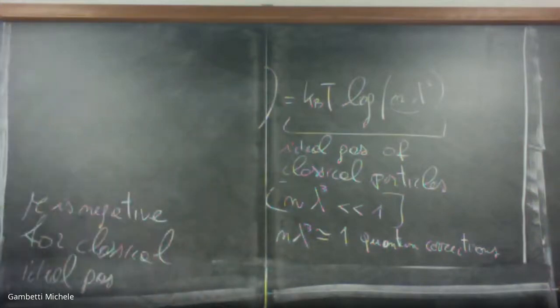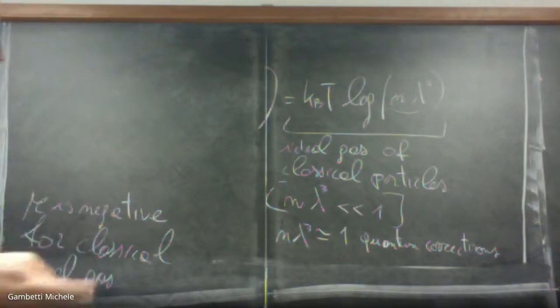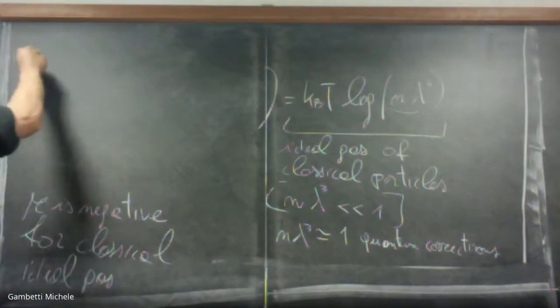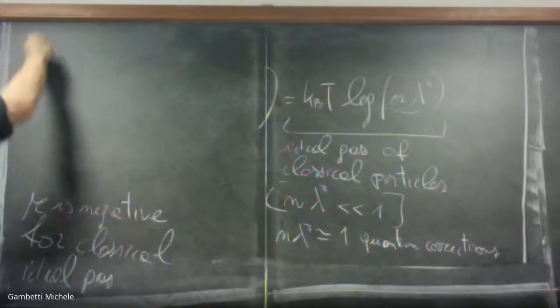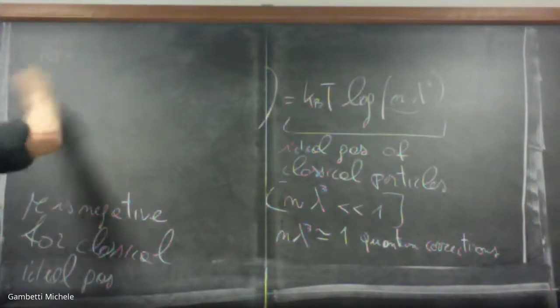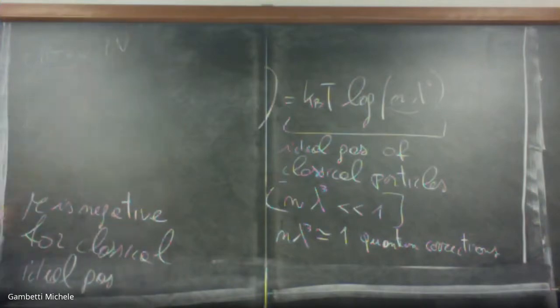So when you work at fixed pressure and temperature, the second principle of thermodynamics tells you that what you minimize is the Gibbs free energy, and the variation of the Gibbs free energy at that condition is mu dn. So what does it mean?